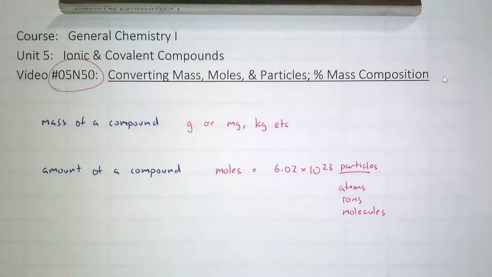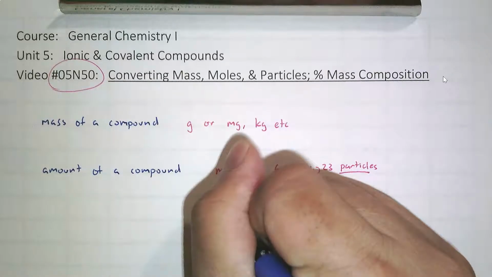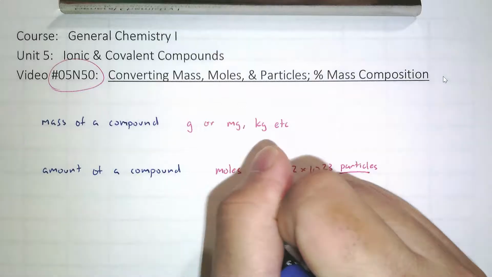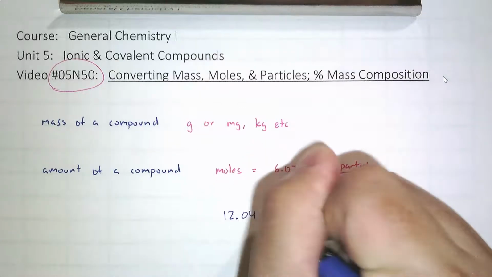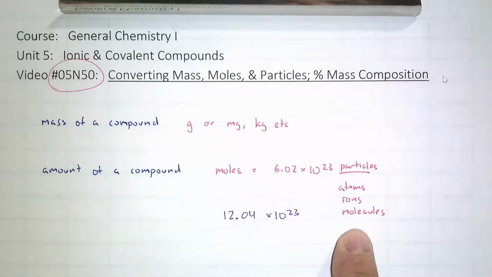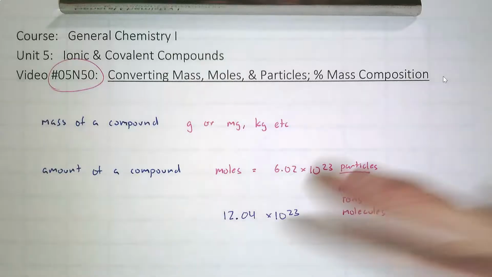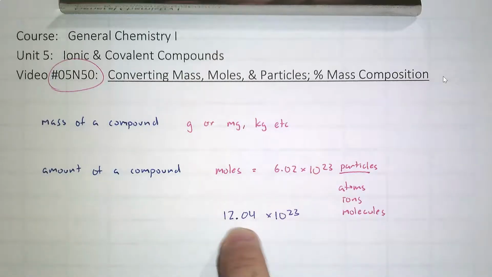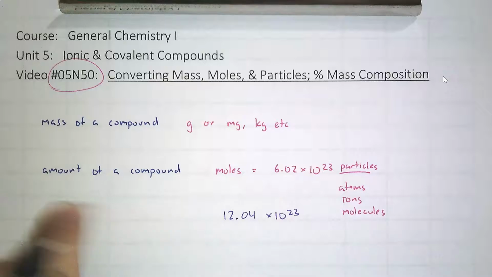How do you say that in more proper scientific notation? So I said 12.04 times 10 to the 23 molecules. That's an amount.